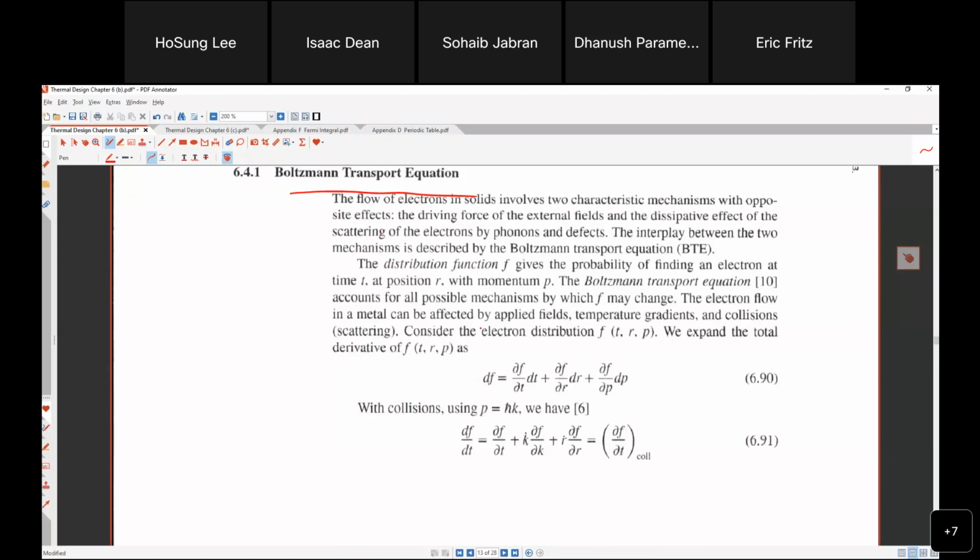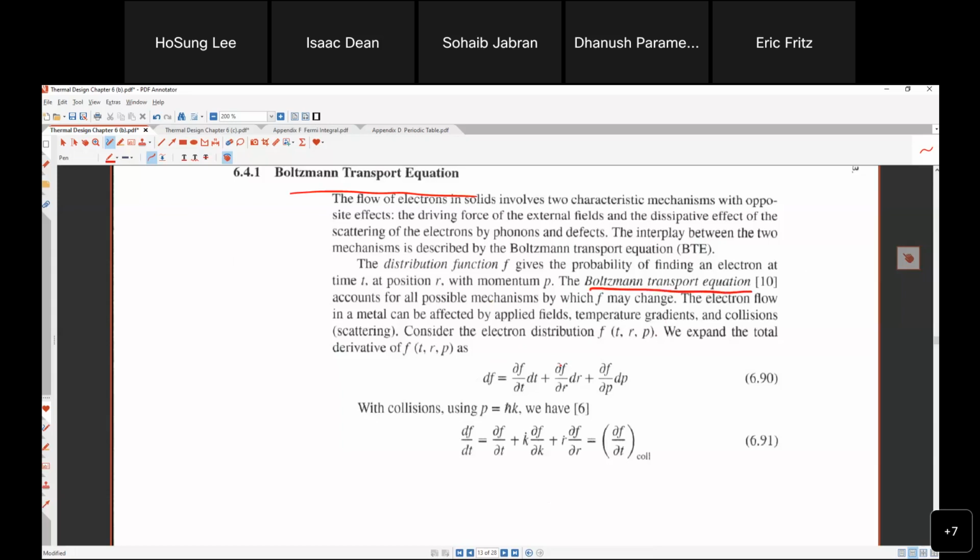So the electron, last time we started talking about the phonon, but today I'd like to review a little bit about electron and then move on to phonon. So still, electrons, distributions, one of the most important Boltzmann transport equations.